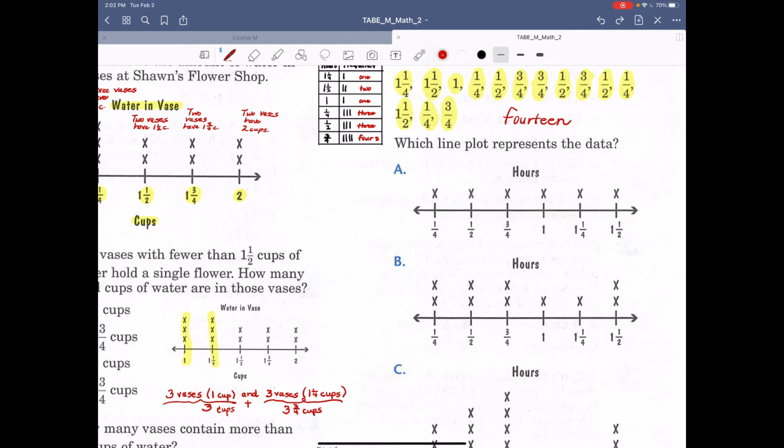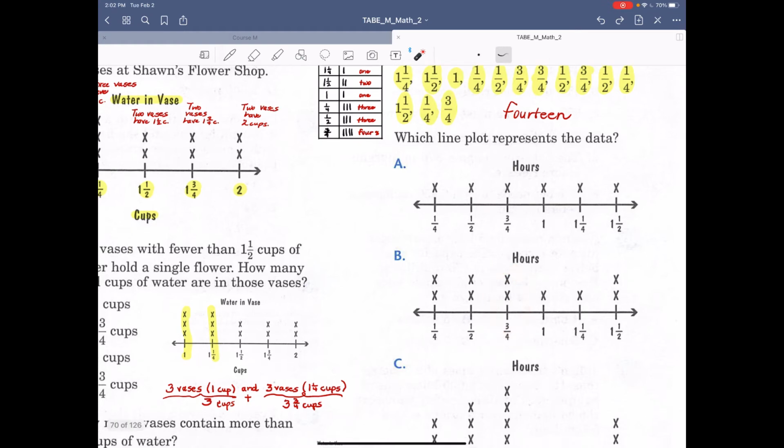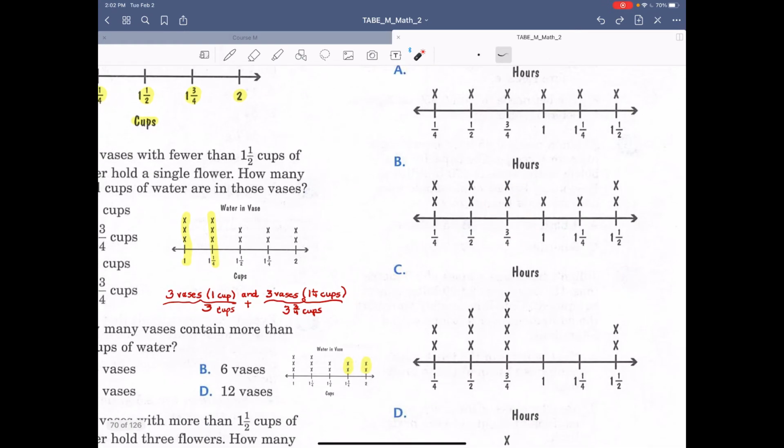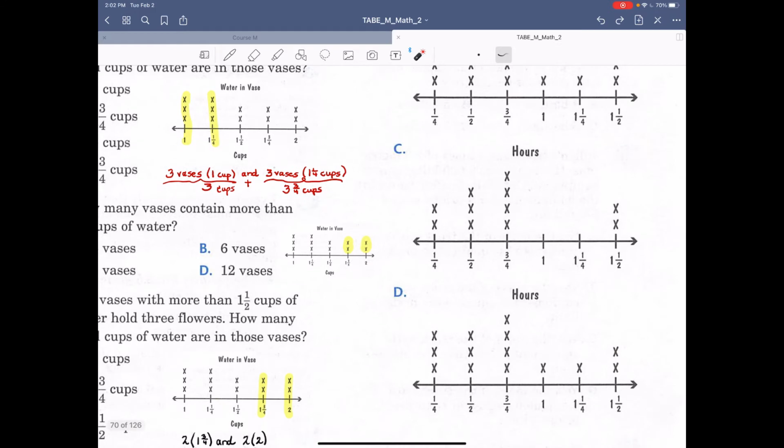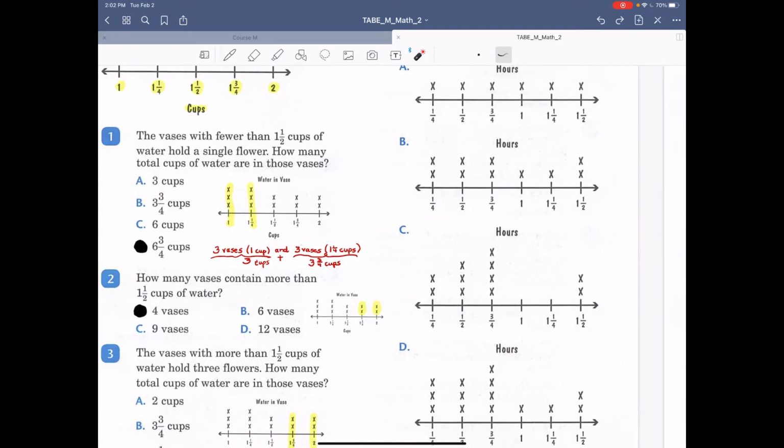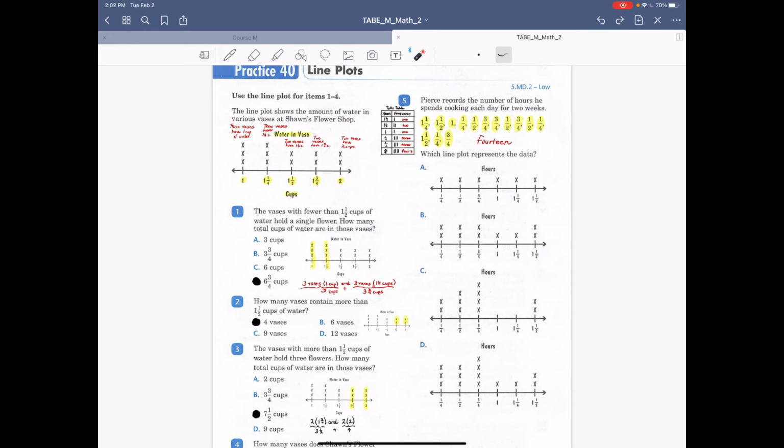So A is not it. B has 2 X's with the 3/4. That's not it. C has 4 X's with the 3/4. That could be it. But so does D. Okay, so the 3/4 fit on those. Let's see. Is it C or is it D?